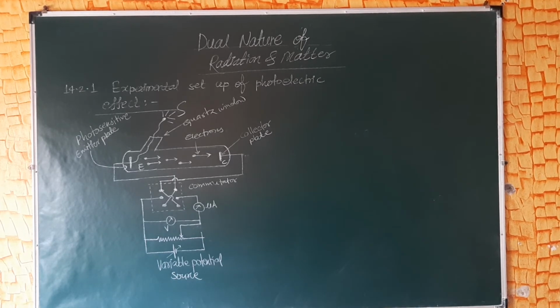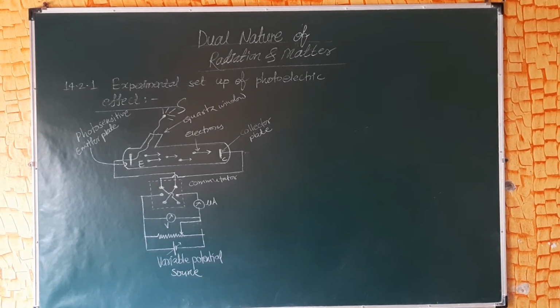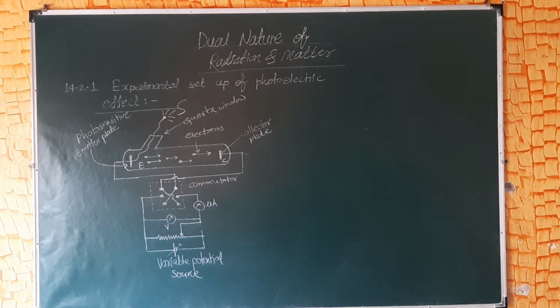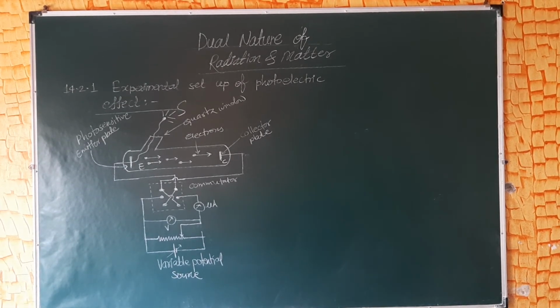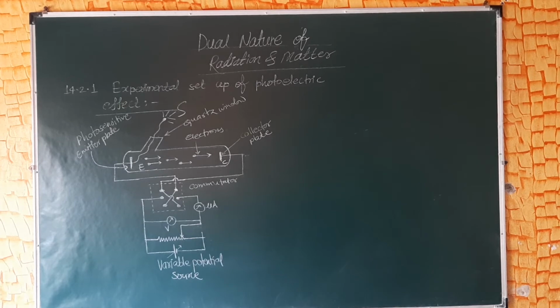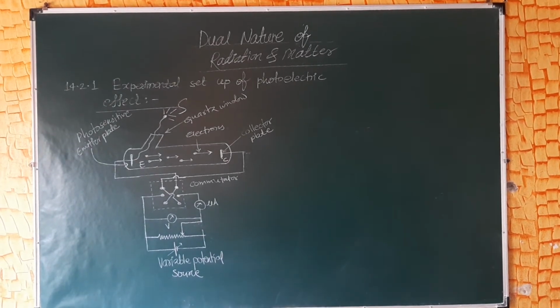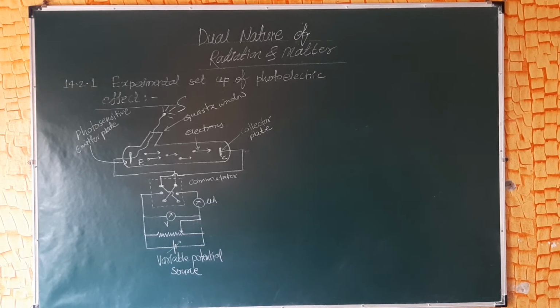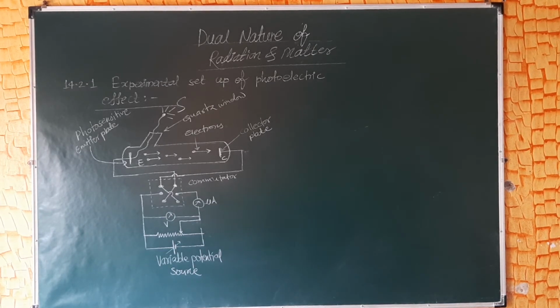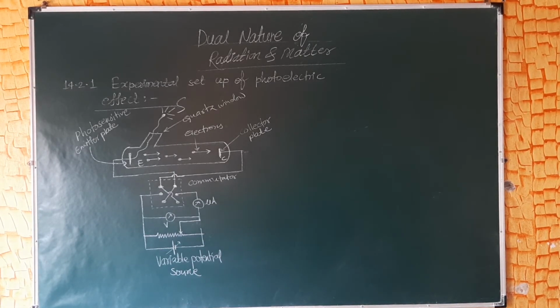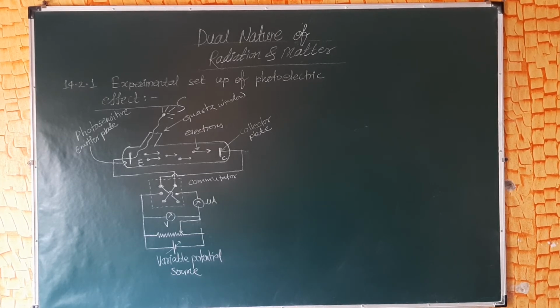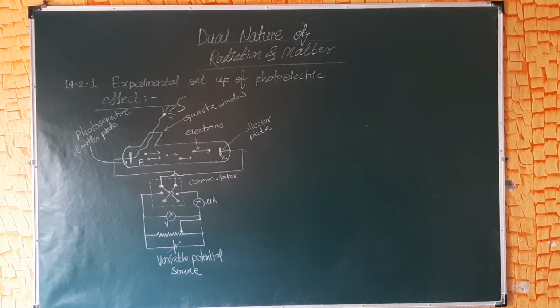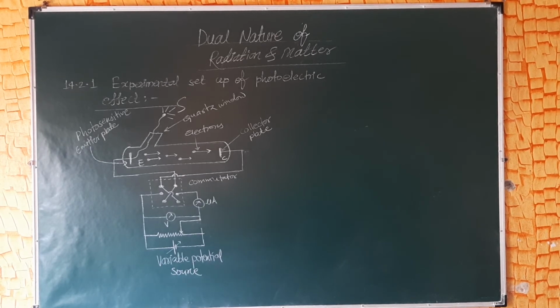We now know that free electrons are available in a metal plate, and they are emitted if sufficient energy is supplied to them to overcome the barrier that keeps them inside the metal. In the late 19th century, these facts were not known, and scientists working on the photoelectric effect performed various experiments and noted their observations. We will try to analyze these observations.